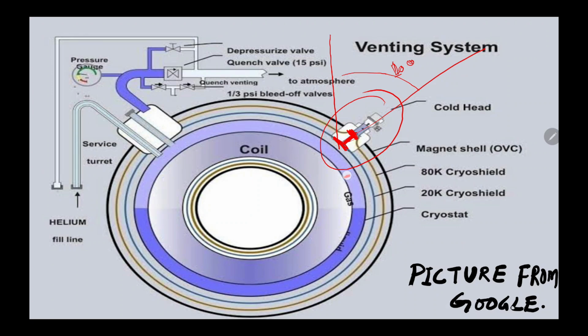So inside, this liquid is of 4K temperature. So definitely this is much cooler. Okay, and this stage is connected with this shield. This shield is the 20 Kelvin shield. You can see in the diagram, I am drawing parallelly, and this stage is connected with the 80 Kelvin shield.